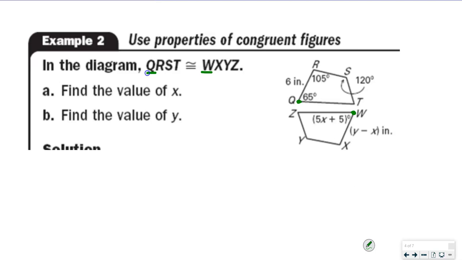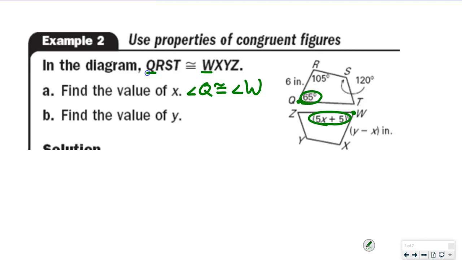So if we look for where we have an x, we have a 5x plus 5 right there. And we already talked about Q and W. Angle Q is congruent to angle W. So angle Q is 65 degrees. We know those two correspond with one another.